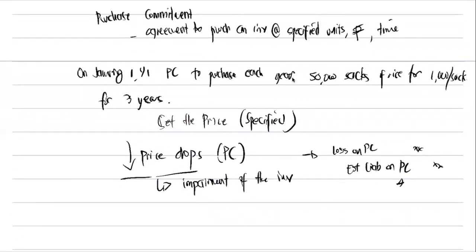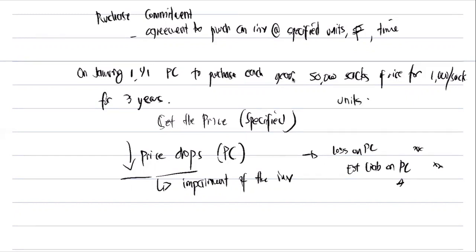Okay, we go back first to purchase commitment. A purchase commitment is an agreement to purchase an inventory at specified units, specified price, and specified time. So for example, on January 1, year 1, we entered into a purchase commitment to purchase each year 50,000 sacks of rice for 1,000 per sack for 3 years. So what is the specified units?